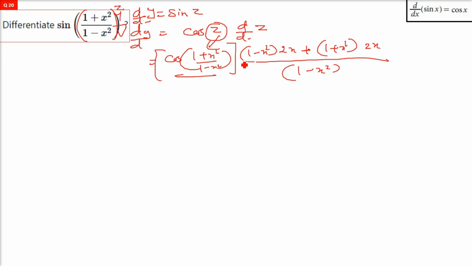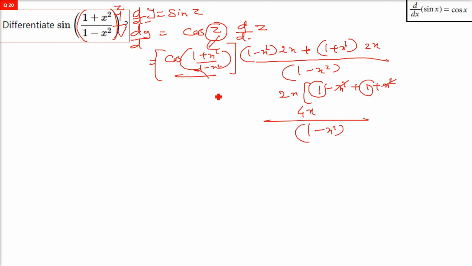Okay, so let us multiply this. 2x you can take common, 1 minus x square plus 1 plus x square will come, x square gets cancelled, and 1 plus 1 is 2, so 2 into 2x is going to be 4x. So the numerator will be 4x. So this is going to be 4x divided by 1 minus x square to the power whole square.